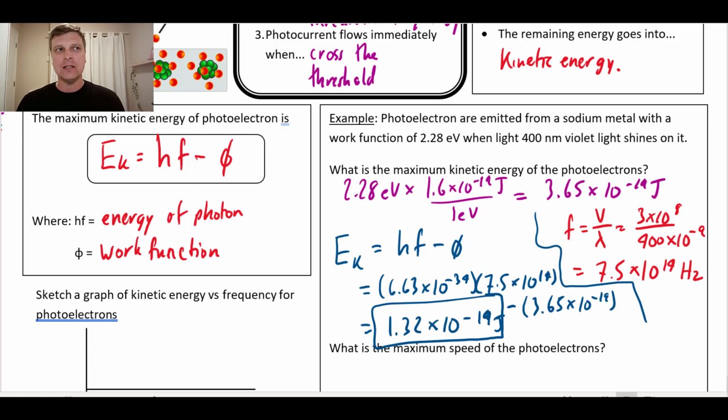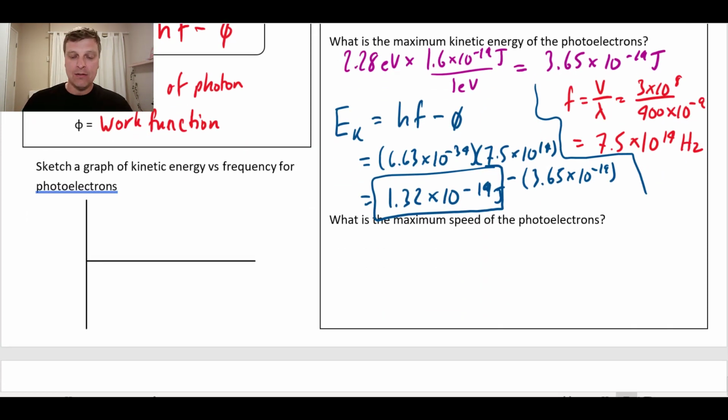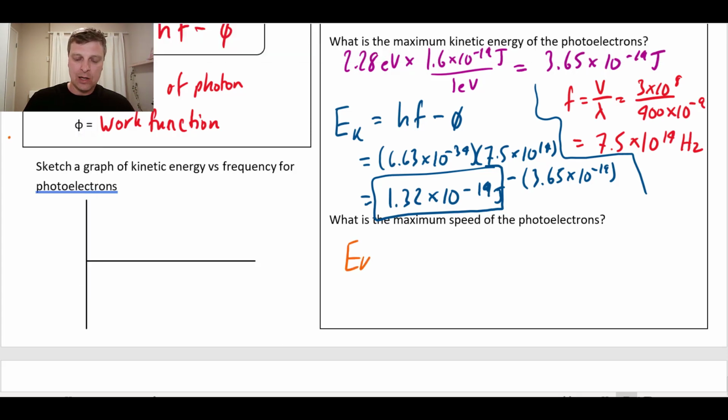Now I should point out that's the maximum, that's the most energy you can have, right? Because it's possible that other things disrupt that electron being ejected and it just barely breaks free, and so you could have less than that, but you can't have more than that. There's no way, because each individual photon doesn't have any more energy to give. So what is the maximum speed of the photoelectrons? Okay, well, that just reminds me of my good old kinetic energy formula, 1/2 mv squared.